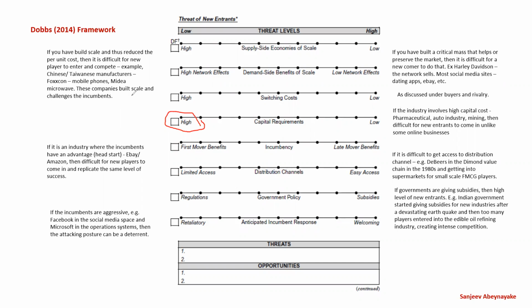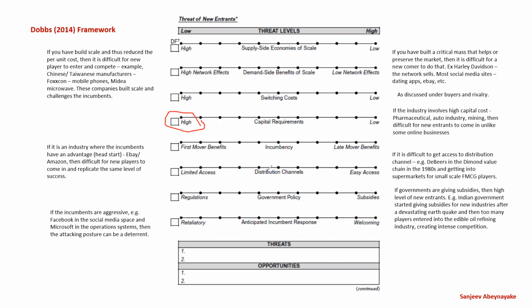For example, if you look at Amazon in the online shopping space or eBay, they have a first mover advantage, and most of the principles and approaches that they use, others are copying, and sometimes others find it very difficult to copy as well. So if the first mover benefits are very high, then the threat of somebody new coming into that industry is also low.